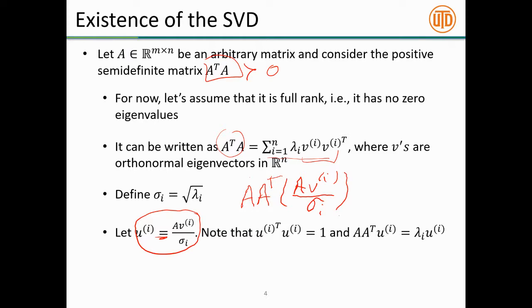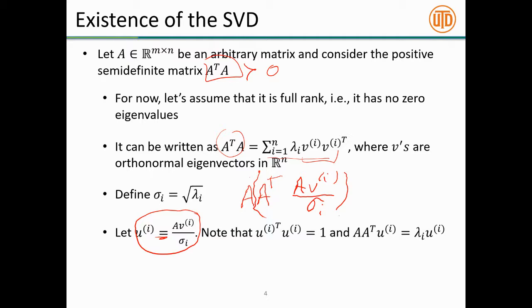Now again, we can do the multiplication in any order we want. Regrouping this, we have A times A transpose A times V_i over sigma_i.